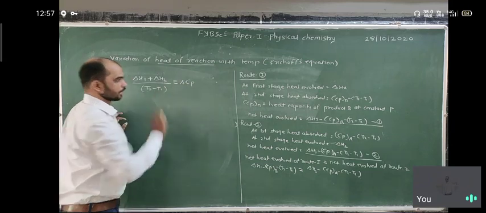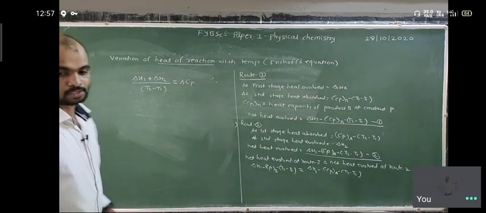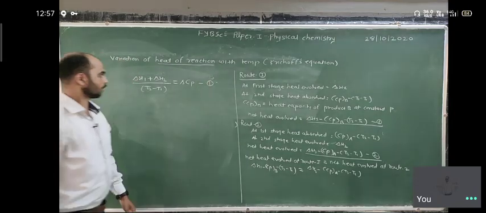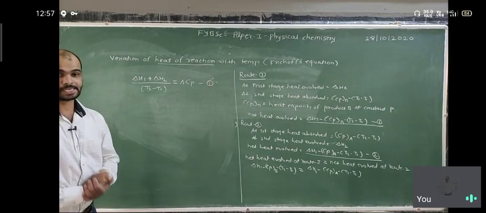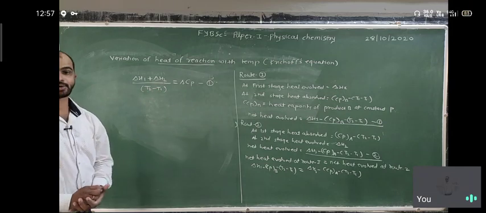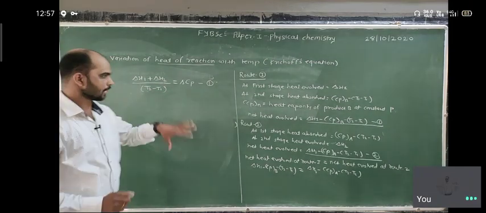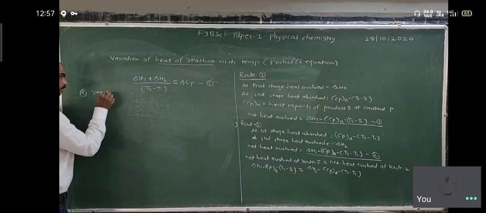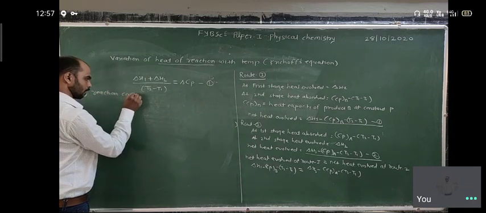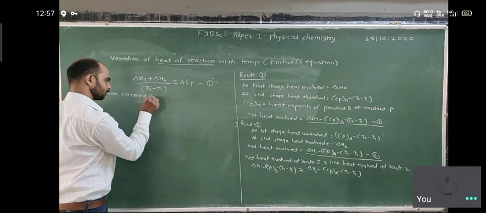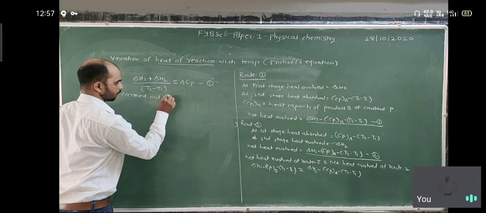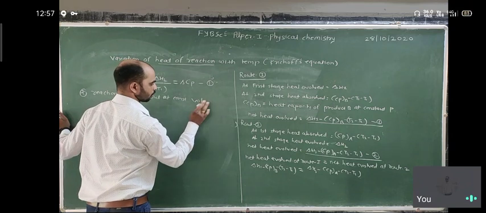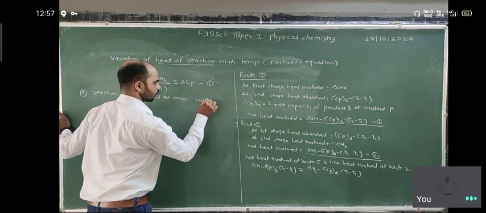So this is very important. Once we know this, we get this equation according to the first case, the reaction carried out at constant pressure. Same thing, the second case is the reaction carried out at constant volume.